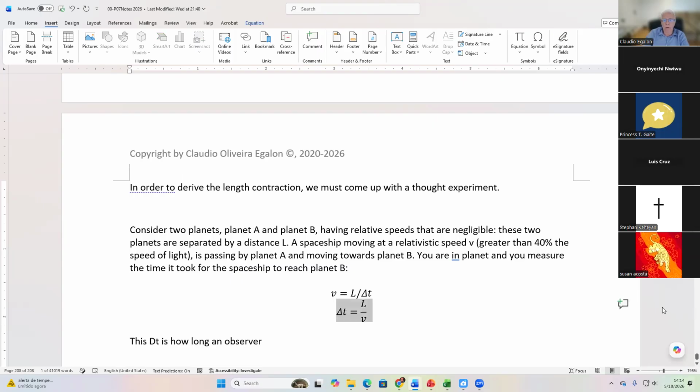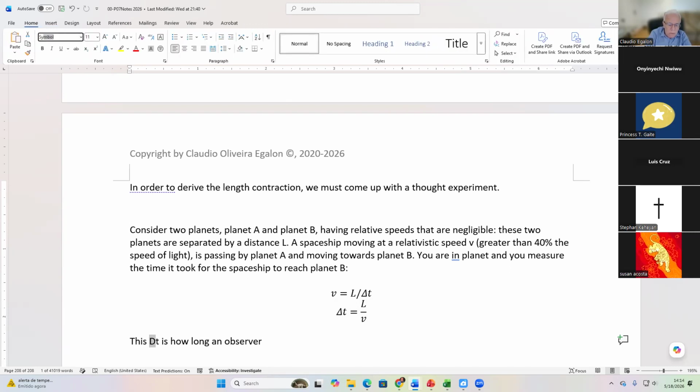That's how long you're going to measure, for you who is in that planet A. This delta t, don't forget, is how long an observer in planet A measures the time of travel.